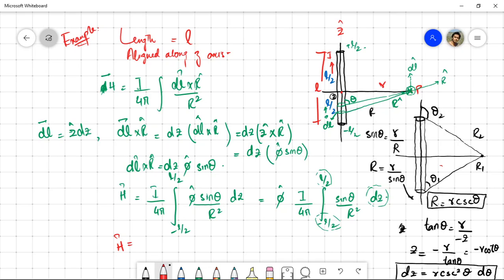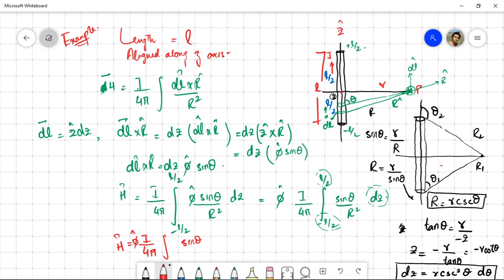So right now H is equal to I over 4 pi integral, okay, I over 4 pi integral this phi hat sine theta as it is.